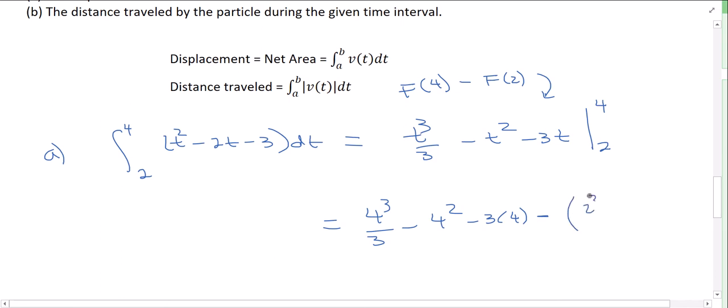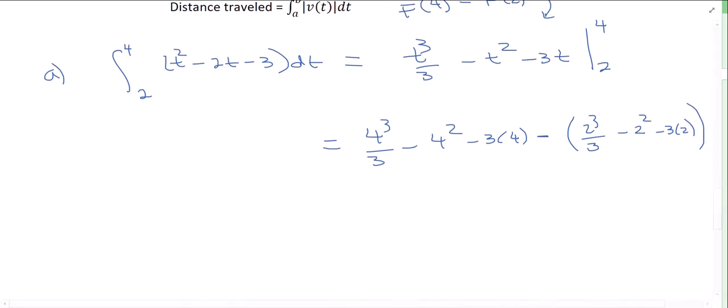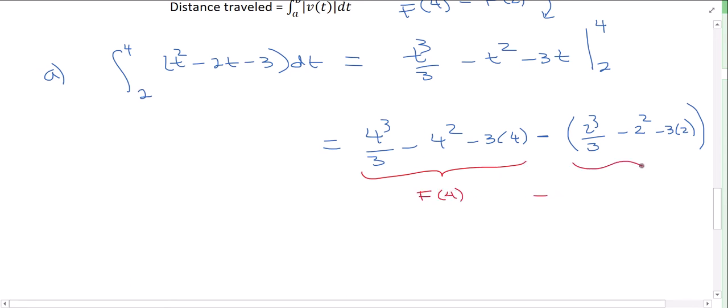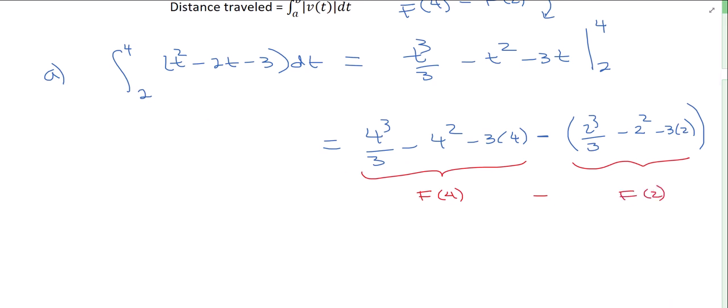So 2 cubed over 3 minus 2 squared minus 3 times 2, and then figure out what that is. And so going back to the fundamental theorem of calculus, this is your f of 4 minus your f of 2, right? F of b minus f of a.